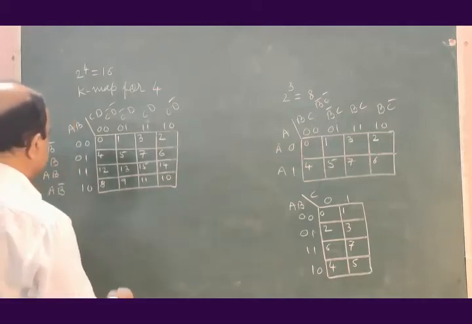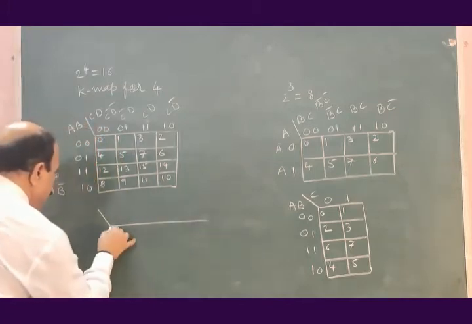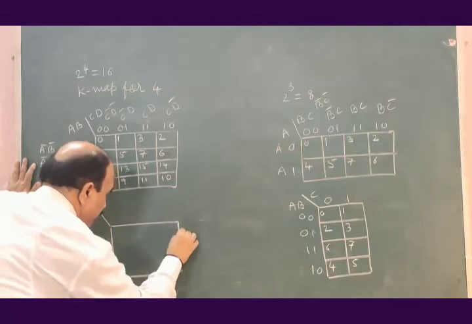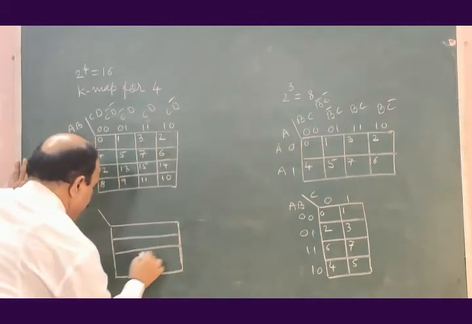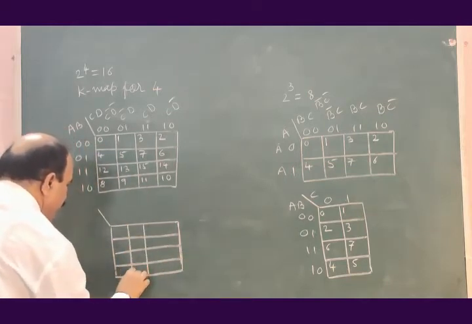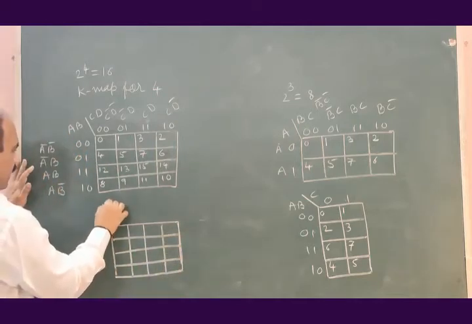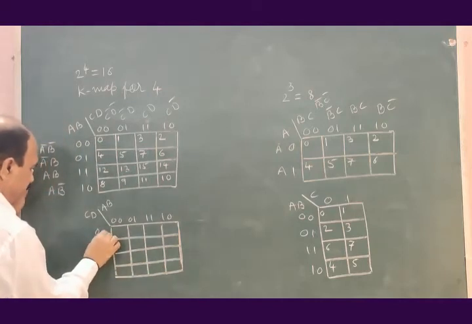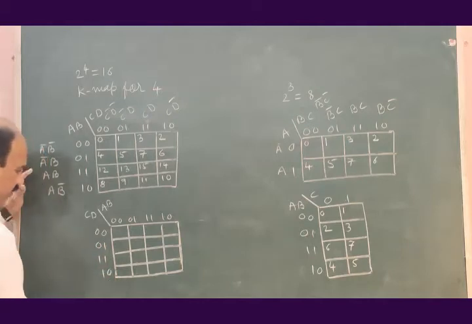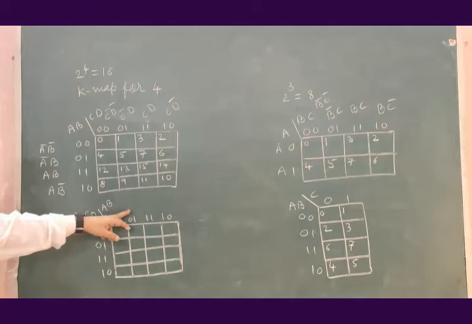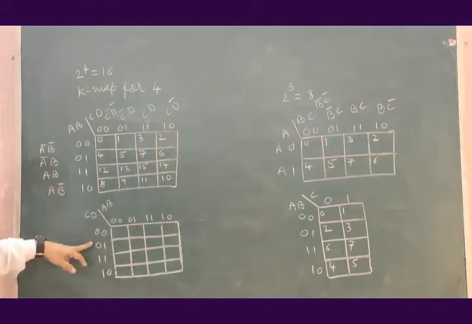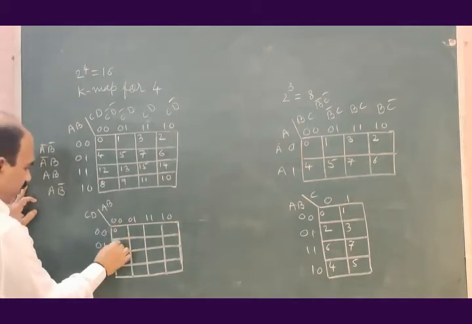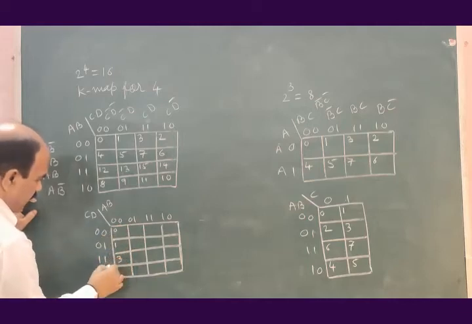The same may be drawn this way. A, B, C, D, with A bar B bar, A bar B, A B, A B bar and C bar D bar, C bar D, C D, C D bar.